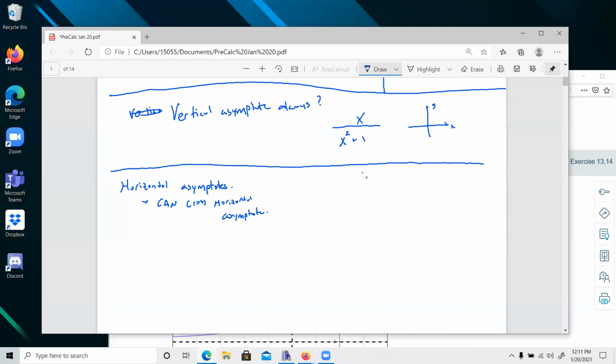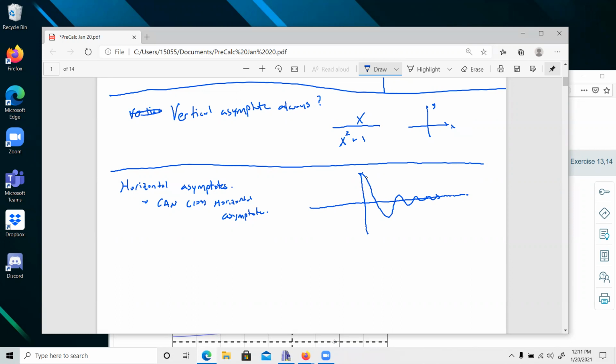Vertical asymptotes are strict rules. Horizontal asymptotes are guidelines. If you have a function that looks something like this, and if you go into electrical engineering you're going to see stuff like this all the time, we have a function that kind of meanders through this axis. We call these asymptotes.